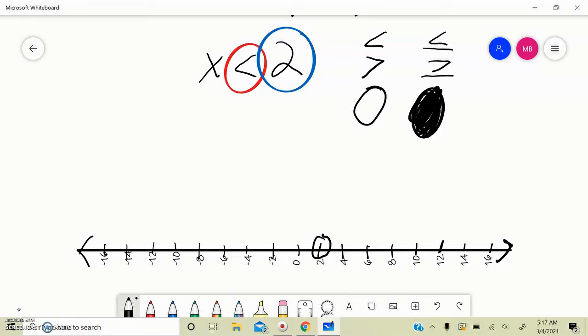Now, I also want to find any and all of my values that make this inequality true. So, I have x is less than 2. If I'm thinking about that statement, I might think, what are some numbers that are less than 2? And does that make it true? So if I have 1 is less than 2, does that make my inequality true?